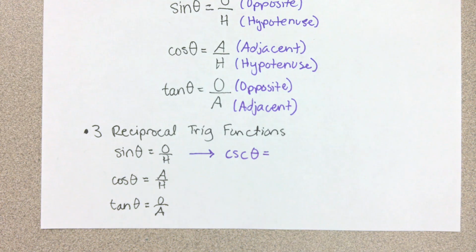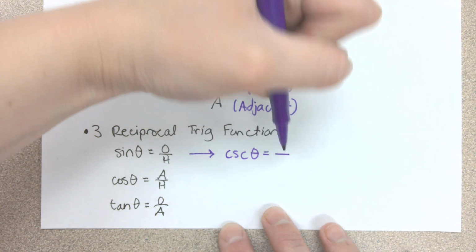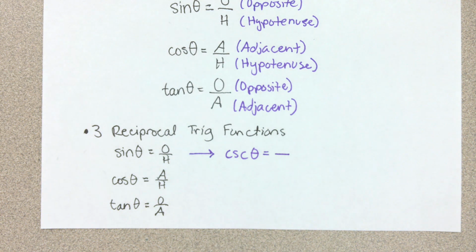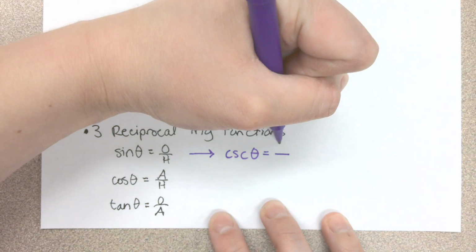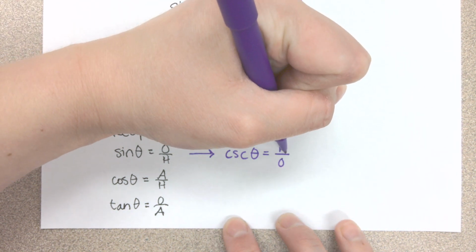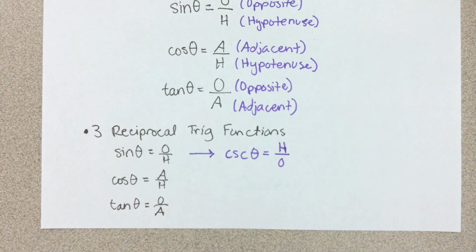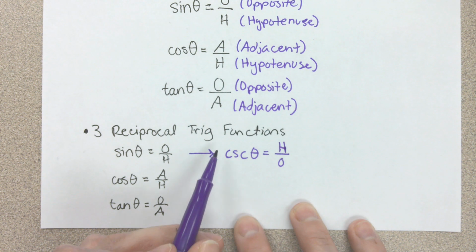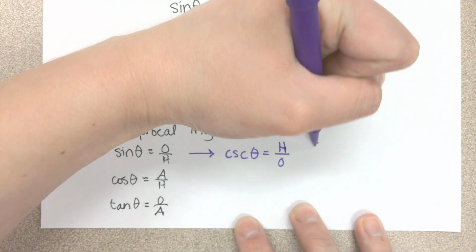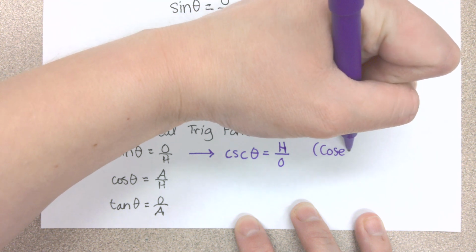I'll tell you what that stands for in just a moment. What do you think its ratio is? Remember, these are reciprocal functions. H over O. Good. So it's just the reciprocal of sine. We flip the ratio. CSC is short for cosecant.